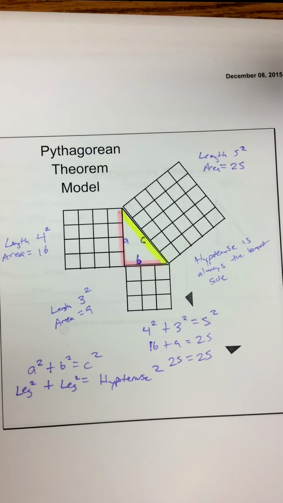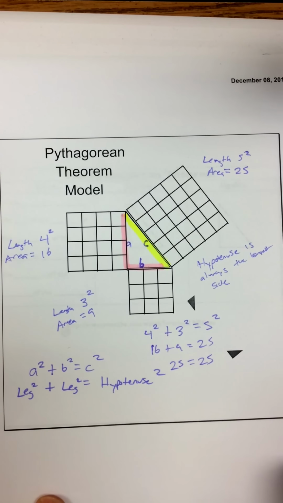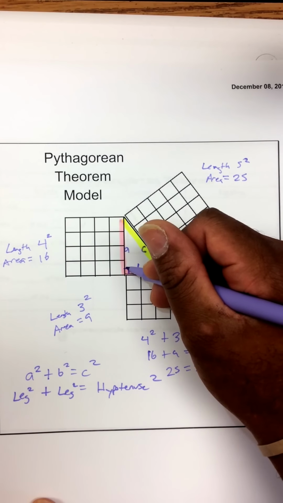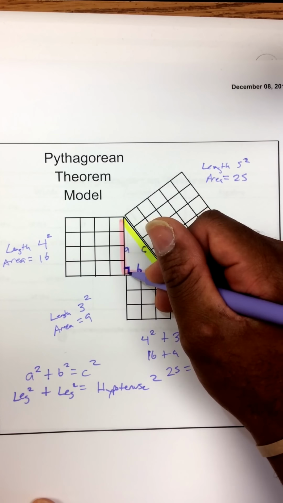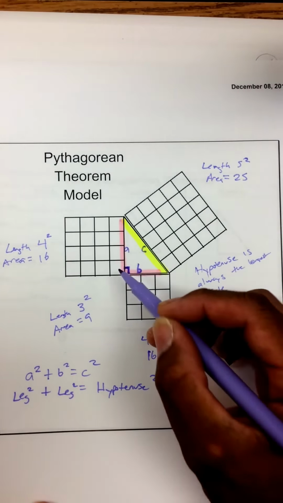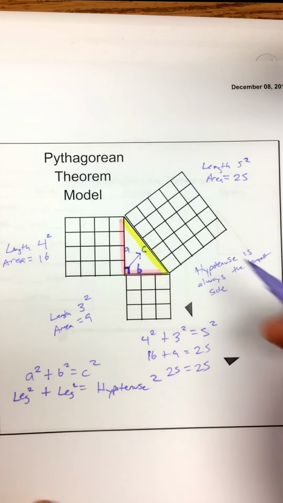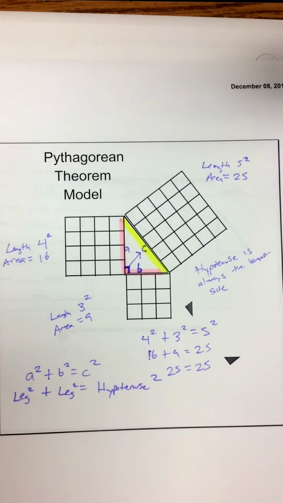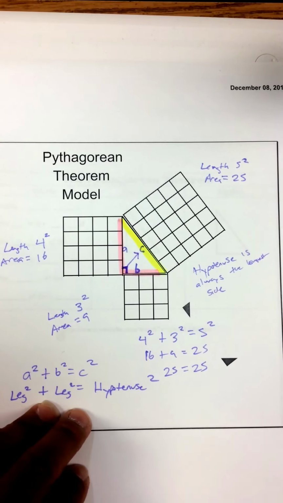Now, one of the key things I want you guys to remember is that the hypotenuse is always opposite of the 90 degree. And you know you get your 90 degree from the part of the L, which makes our leg. So it's always opposite of that. Always. And that's how you distinguish if it is the hypotenuse or not. That's one of the key things to remember whenever you're compiling this.